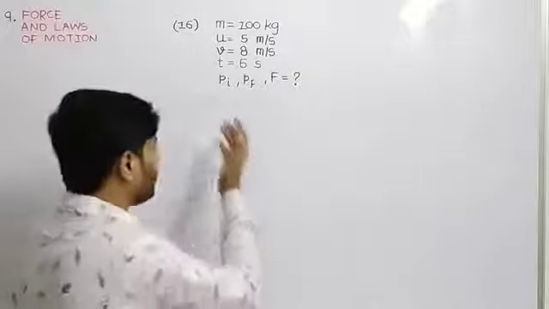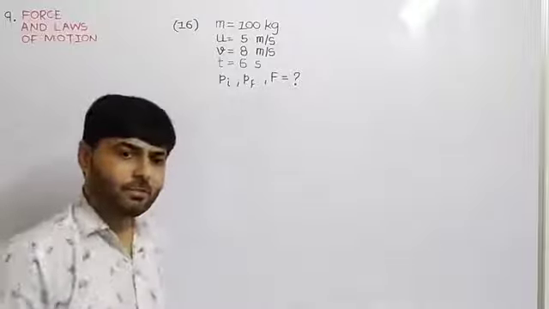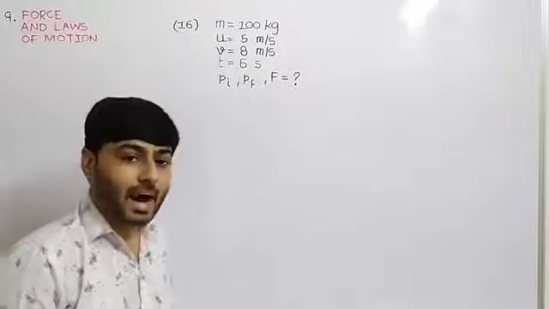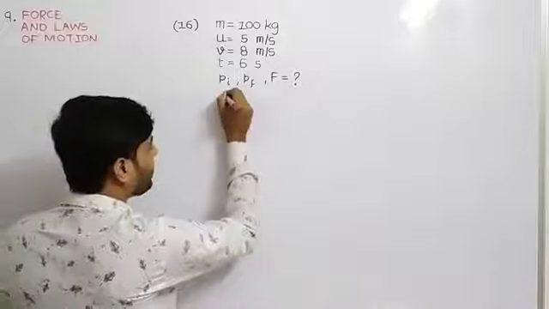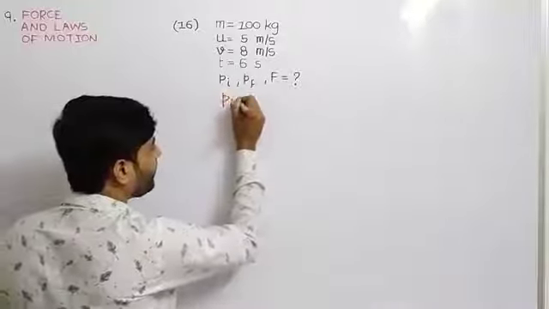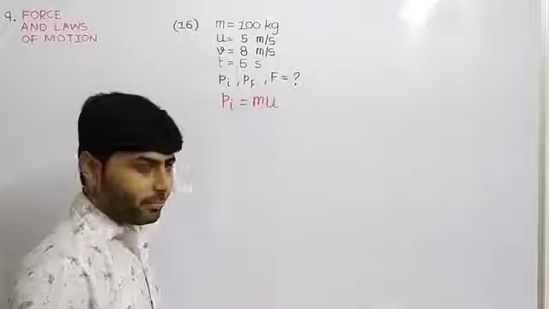Okay, so we have to find here momentum. So we have equation of momentum, that is mass into velocity. But for initial momentum, we have mass into initial velocity. Simple.